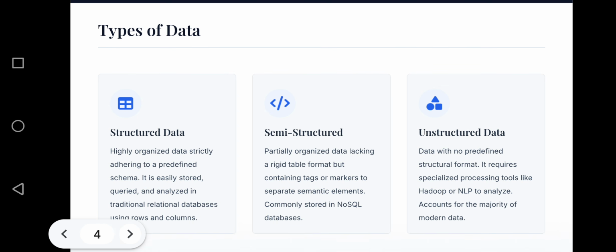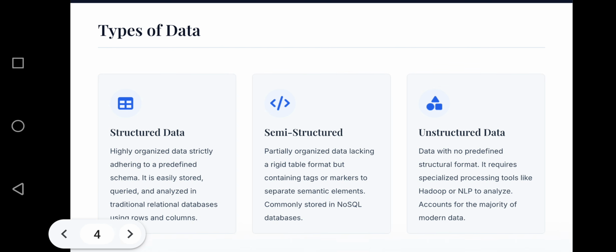Next is one of the most important topics, but it is very simple and you can memorize it very easily: types of data. Here we are going to study database management system, so somehow we are going to manage data.